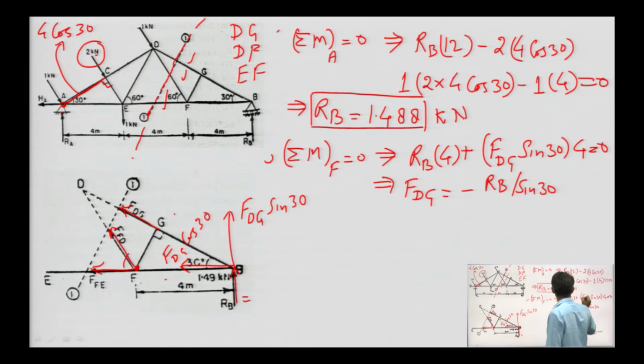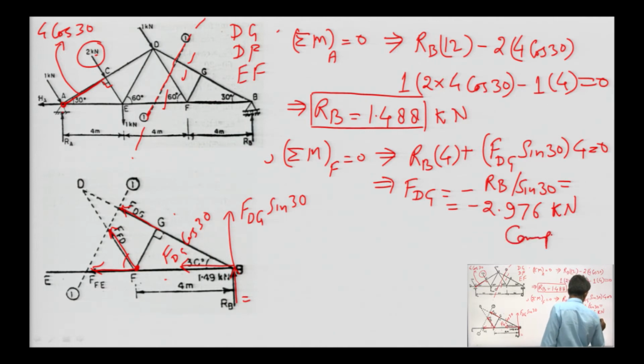Since we know the value of R_B, by putting this in we can calculate the value of F_DG. It is minus 2.976 kilo Newton. Since the magnitude is negative, its nature will be compressive. So, we got this value, F_DG, 2.976.